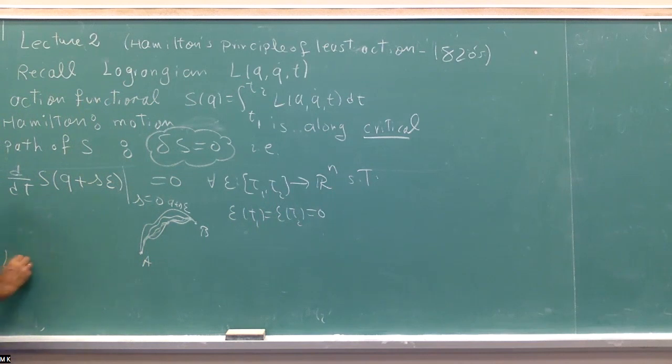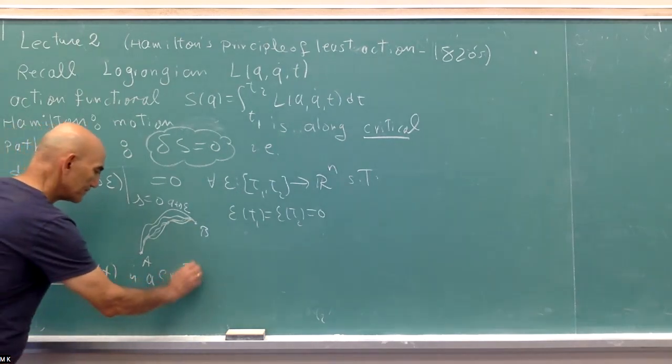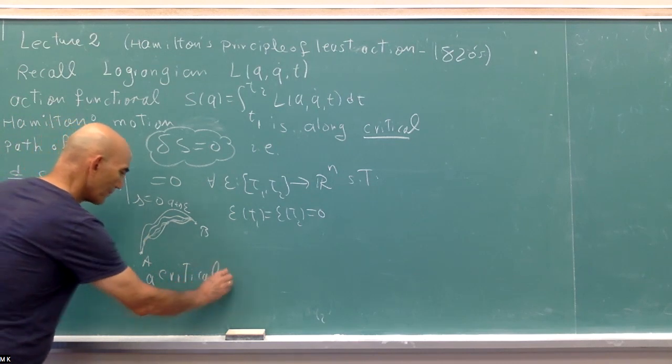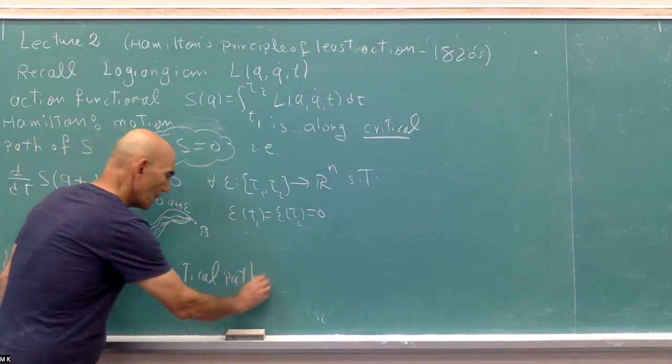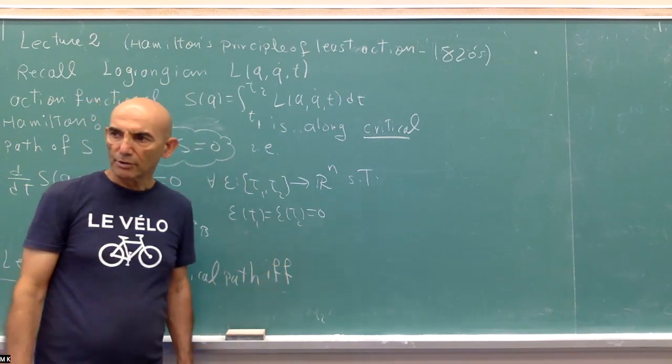So the lemma is the following: q(t) is a critical path if and only if it satisfies the Euler-Lagrange equation.